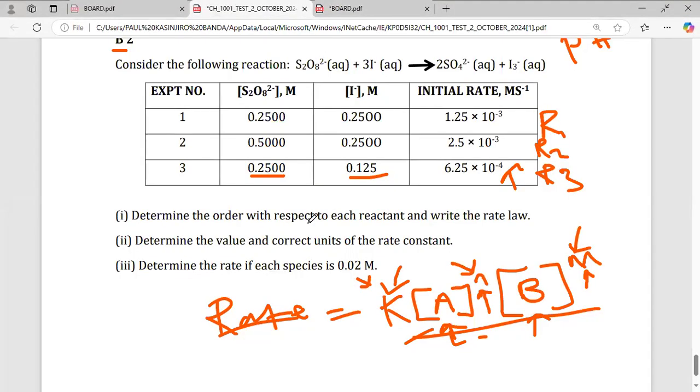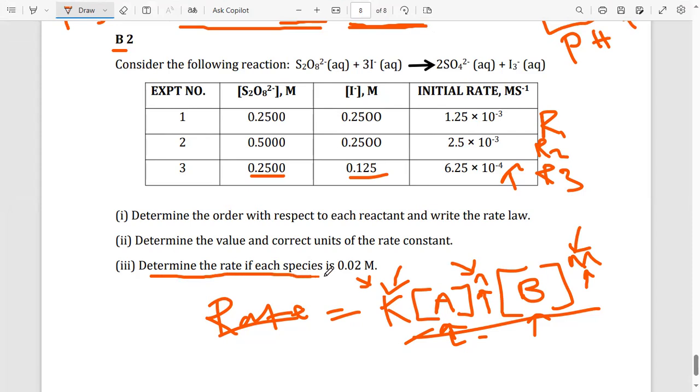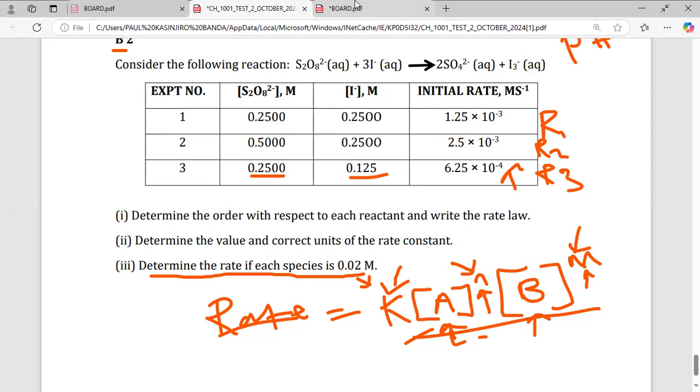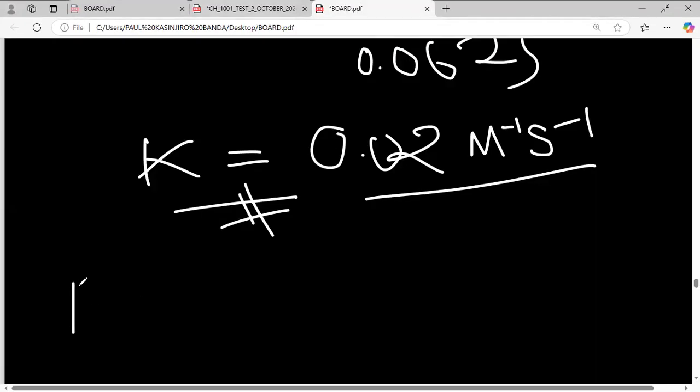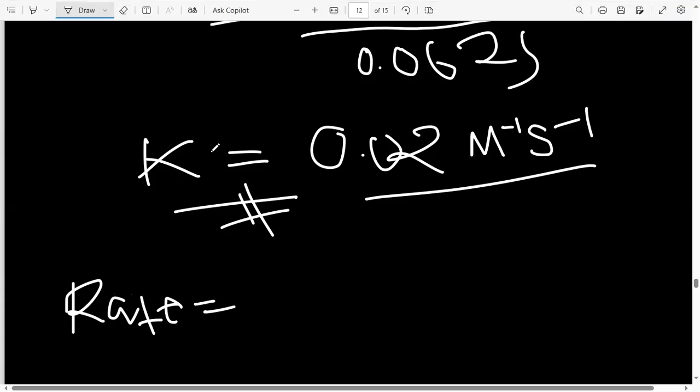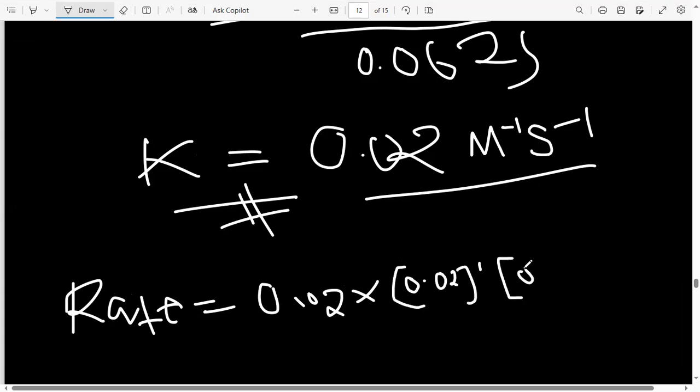And then the last question: determine the rate if each species is 0.02 molar. We're just going to say rate is equal to the value of K, 0.2, multiplied by 0.02 to the power 1 multiplied by 0.02 to the power 1.